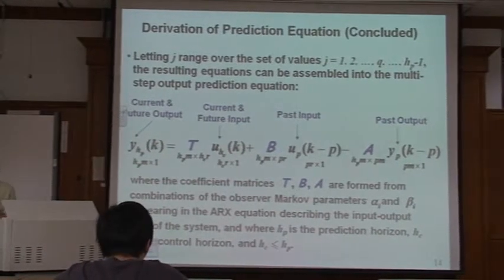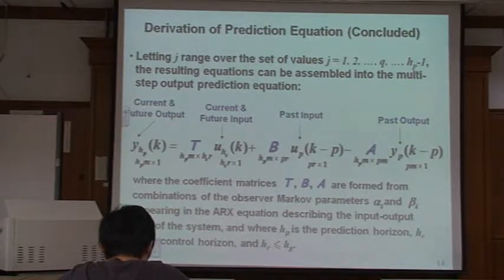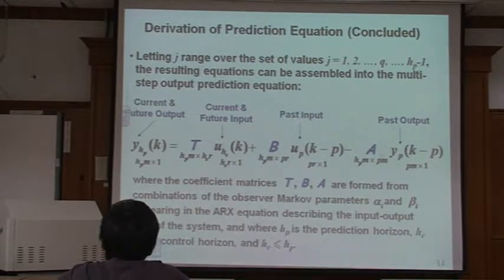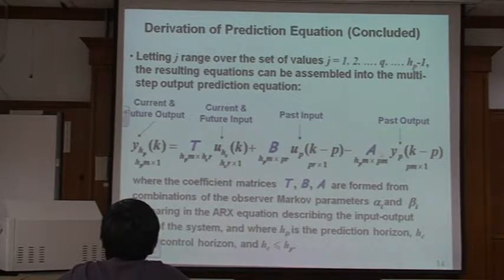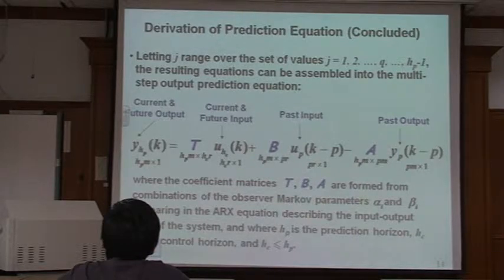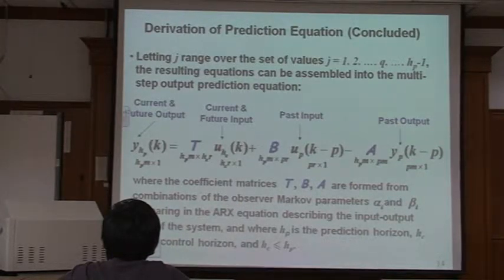And I already said that the T, B, A are typically computed from your data. The data from input and output data, and that's what we call system ID.